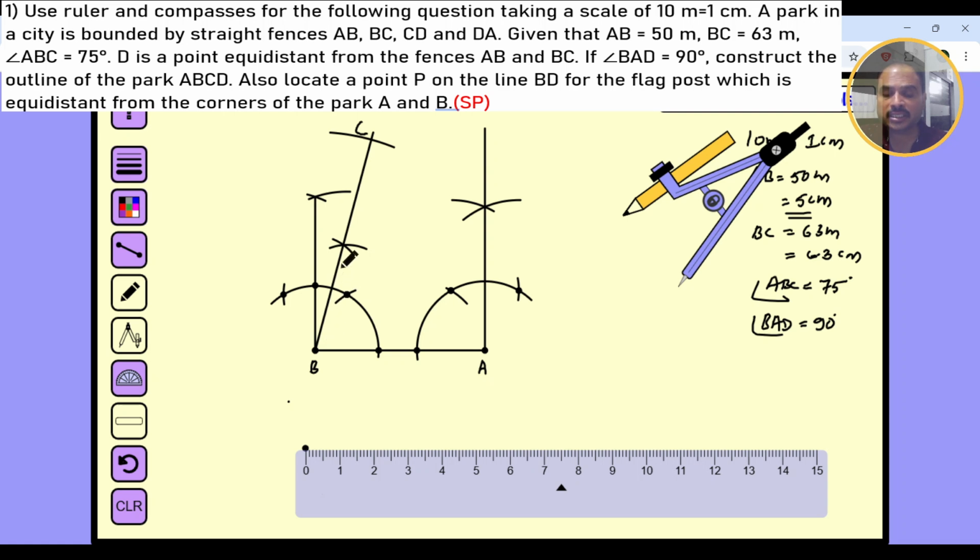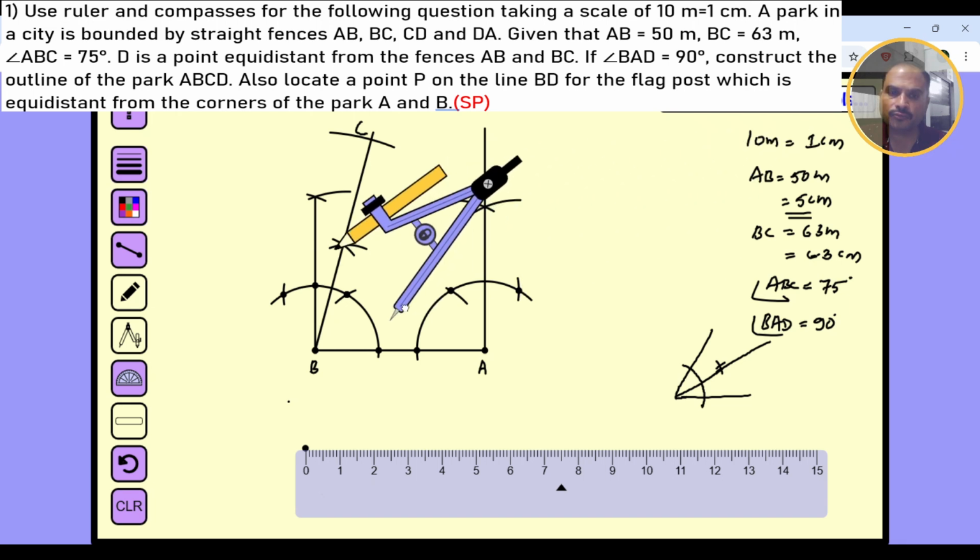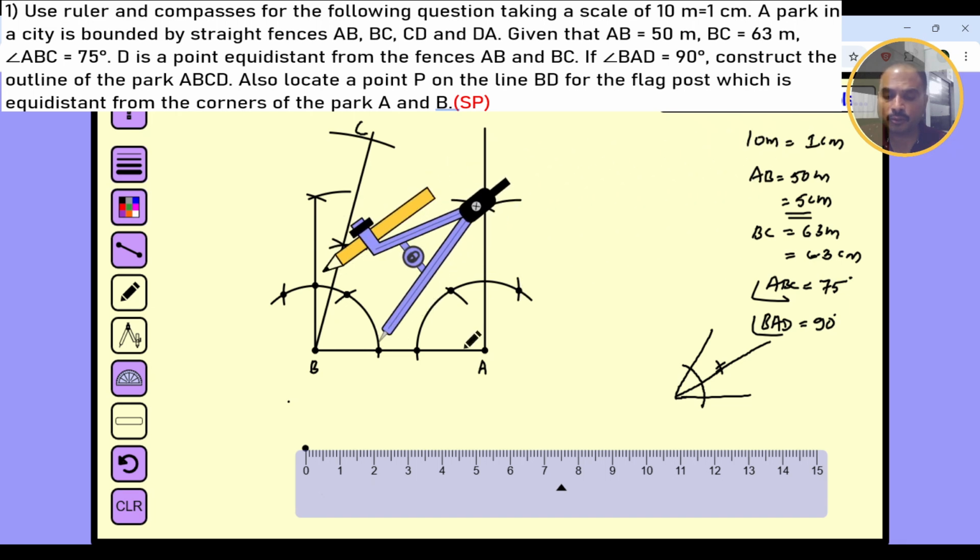angular bisector of ABC, because just now I explained, whenever you want to draw the locus of a point which is equidistant from two lines, then the locus of the point always lies on the angular bisector. Now I need to draw the angular bisector of angle B. Why only angle B?